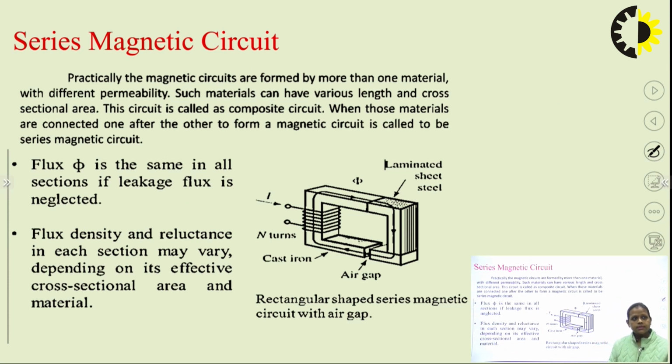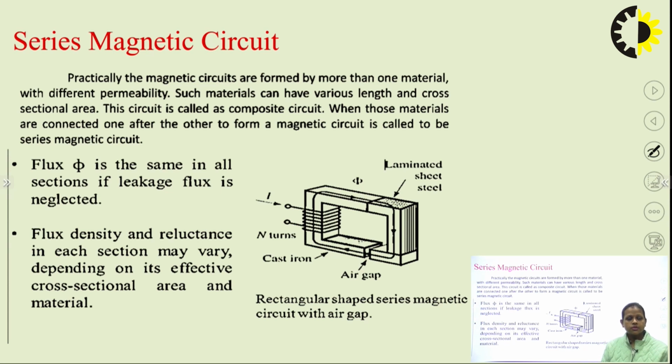So, series magnetic circuit, how can we define it? Practically, magnetic circuits are formed by more than one material with different permeability, and such materials can have various lengths and cross-sectional areas.